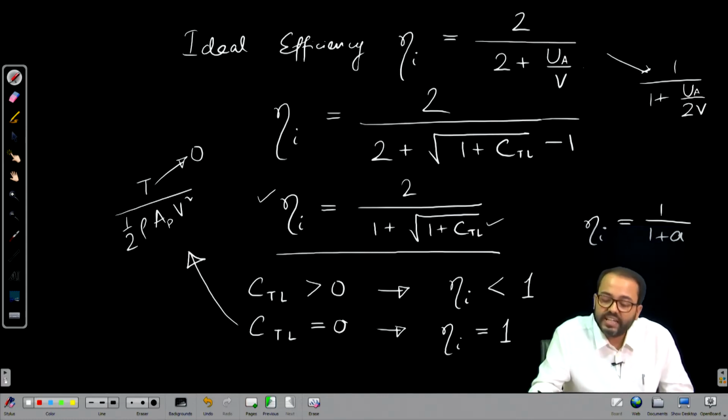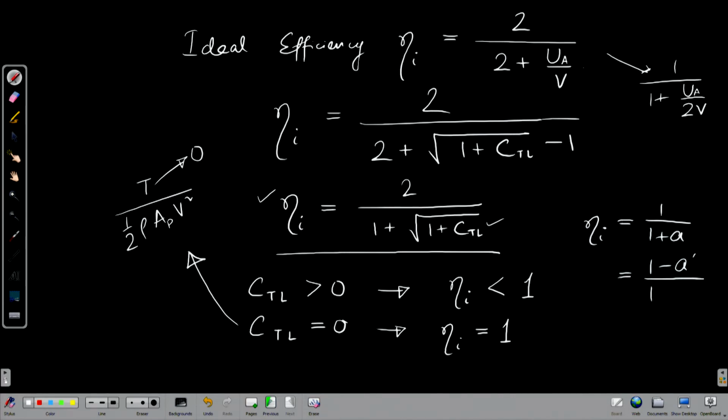So, similarly, we can define another ratio if we take care of the rotation, okay, then we will see that it will come to another value 1 minus A dash by 1 plus A. Similarly, where A dash will be the rotational component induced at the propeller plane divided by the rotational speed of the momentum disk, and A here we already know is UA by 2V. Okay.